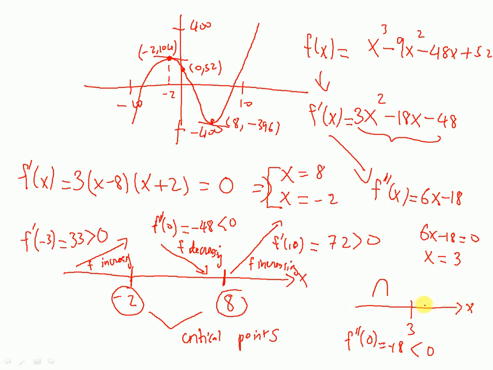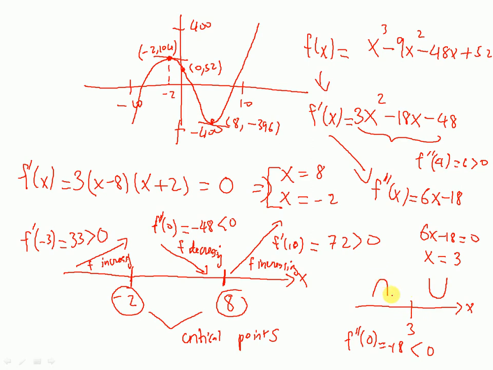And on the right of 3, I pick maybe 4, right? So f double prime of 4 is 6 times 4, which is 24, and 24 minus 18 gives me 6. 6 is bigger than 0, so this is concave up.